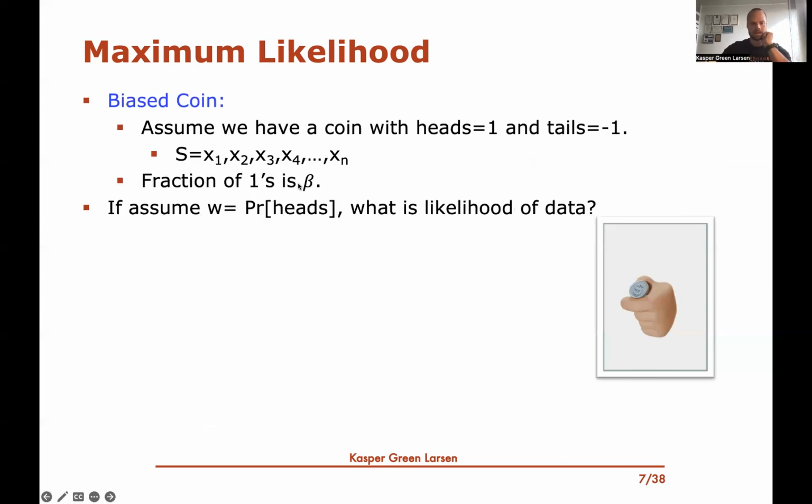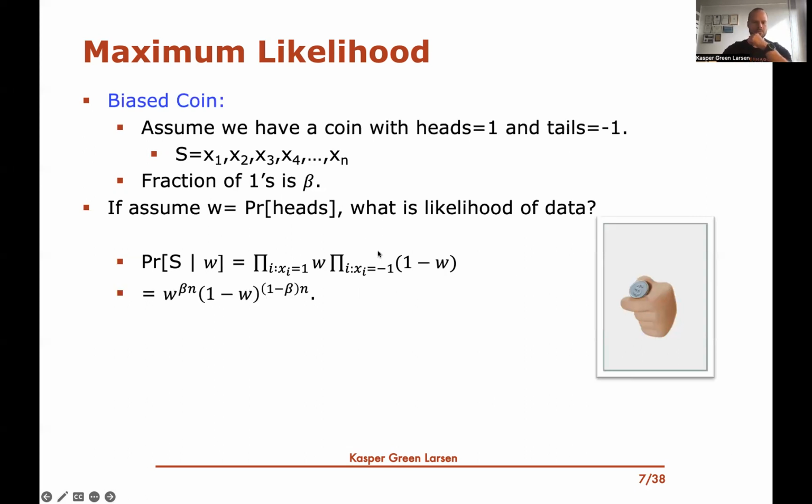The fraction of ones is beta. All the coin tosses are independent, and whenever we see a heads, given this model, the probability of seeing that heads is W. Similarly, the probability of seeing each of the tails is 1 minus W. So the likelihood of seeing this data is the product over all the elements where we see a heads of W, times the product over all the elements where we see a tail of 1 minus W. Since there's a beta fraction that are heads, we get W raised to the beta n, and then 1 minus W raised to the 1 minus beta n.